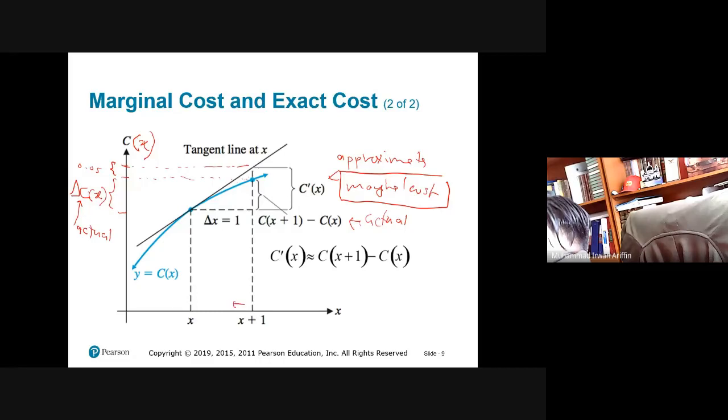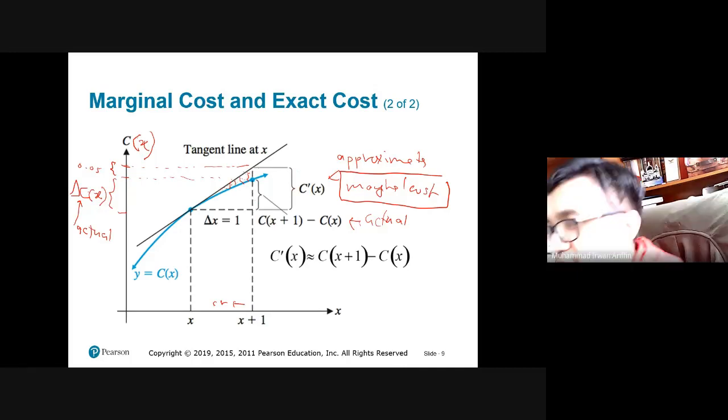If you were to make the change smaller and smaller, the gap would be smaller and smaller as we move to the left. So when the change in x is smaller, the derivative would be a better approximate of the actual change.